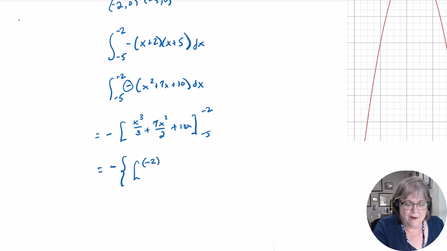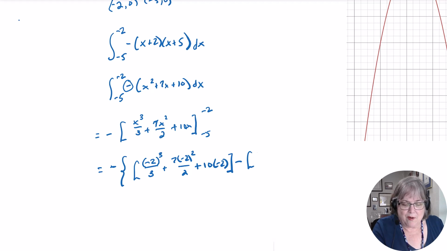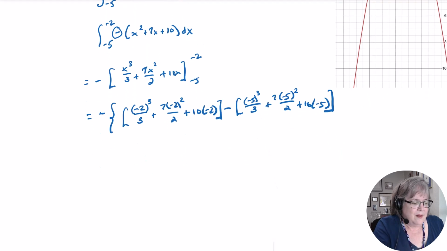Be careful with your positives and negatives. That's where a lot of the errors are. Then you're going to subtract. And this is where even more of them are. So this would be the negative.